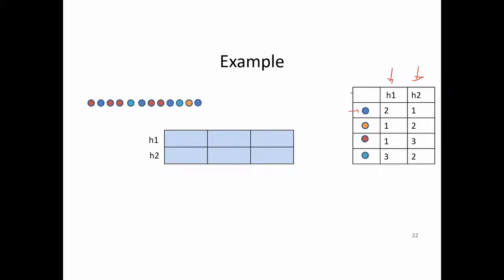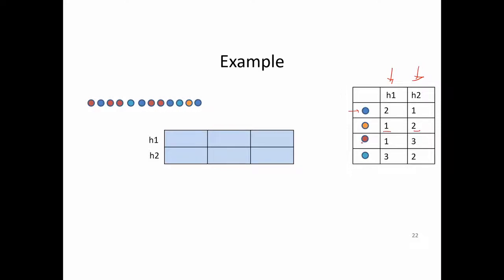Blue maps to 2 in the first hash function and 1 in the second. Another color maps to 1 in the first and 2 in the second.